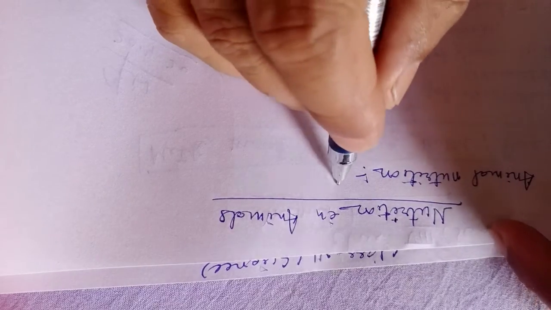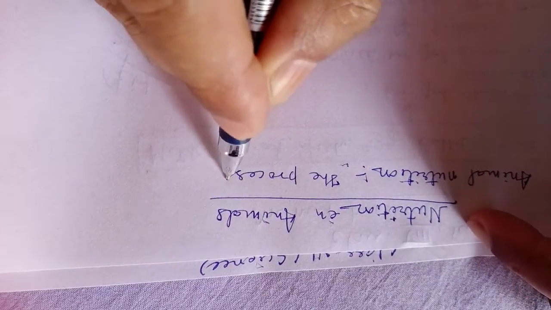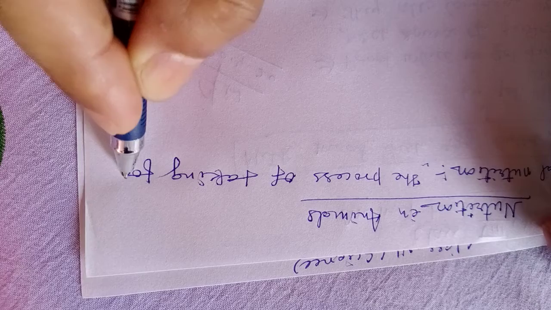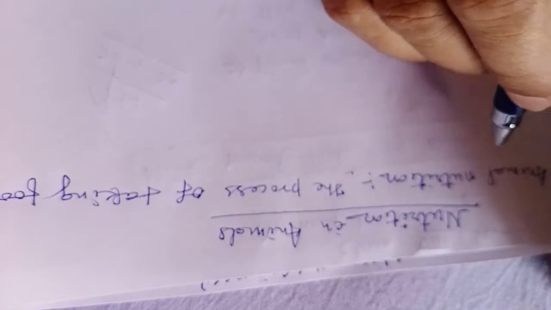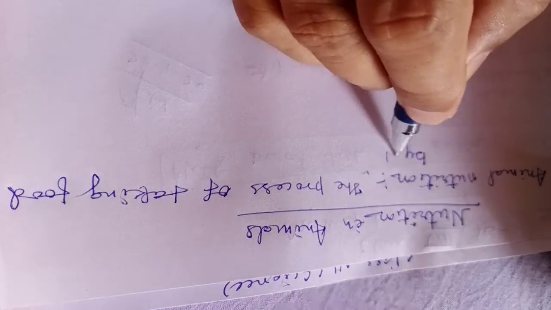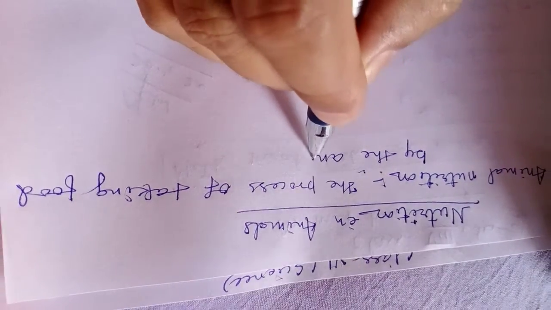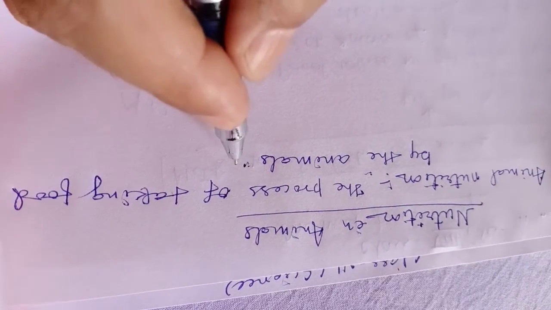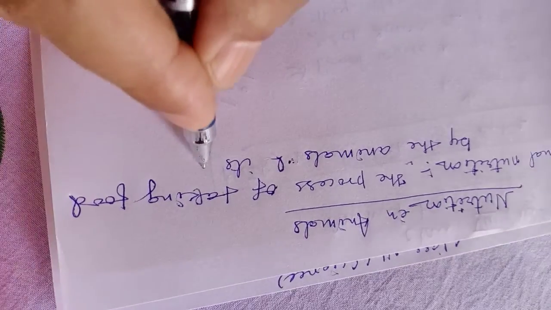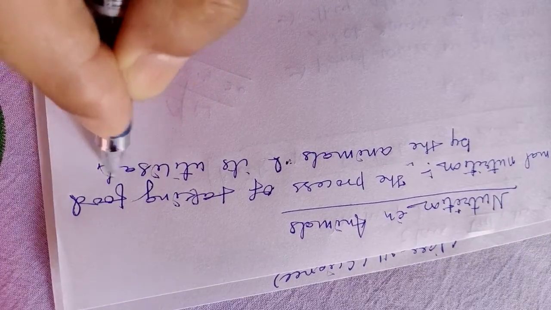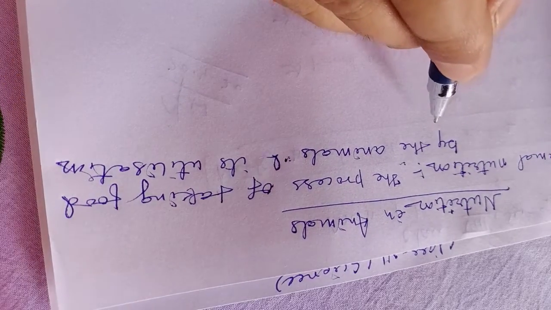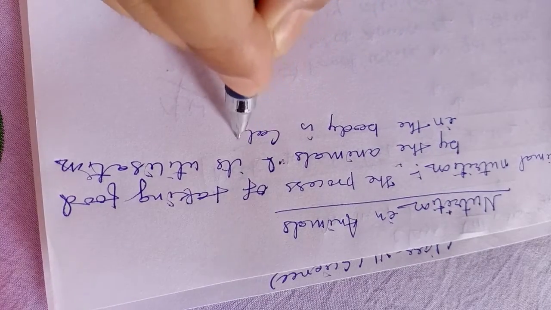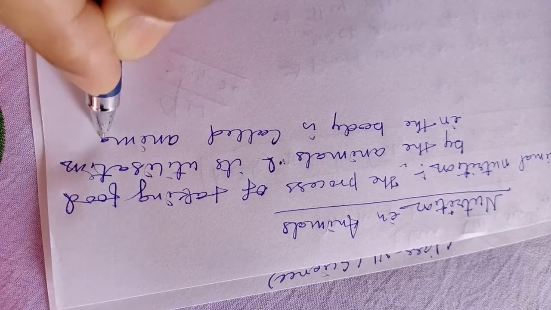The process of taking food by the animals and its utilization in the body is called animal nutrition.